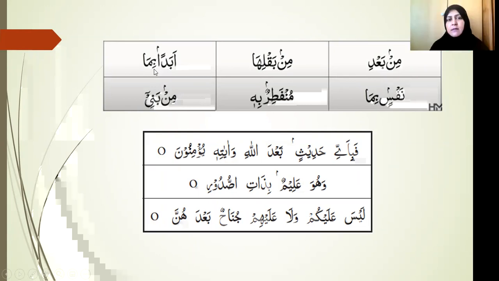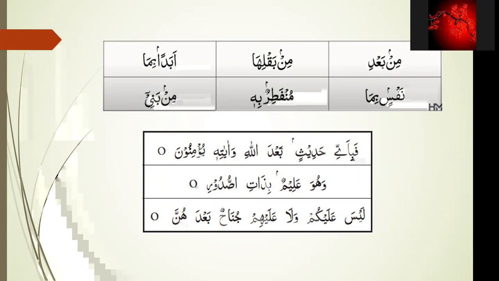The reason being, why? Iqlab. Because the tanween is followed by which letter? By ba. By ba, ahsanti. Please apply the rule. Yes, go ahead. Bismillahirrahmanirrahim. Abadan bima. Yes, min bani. Ahsanti, mashallah.